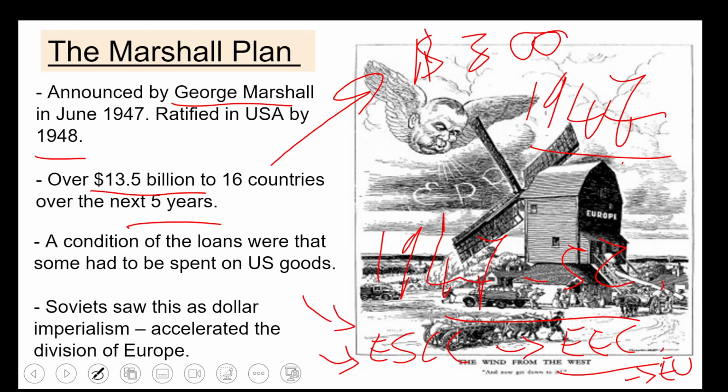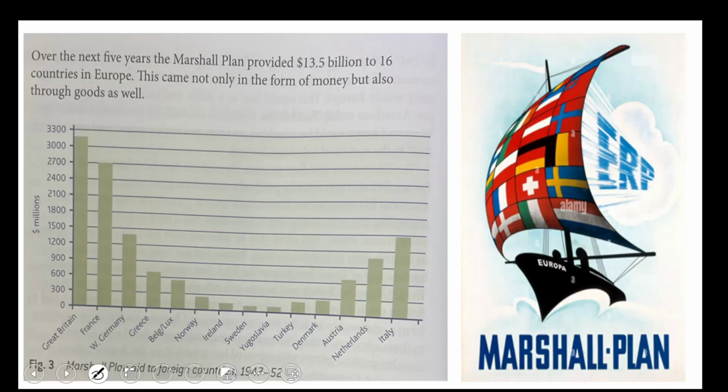So everything is connected here. And this wasn't just recovery, this was block construction, because Western Europe begins to integrate economically, but crucially around American leadership, which is really important. And obviously the Soviets see this as dollar imperialism accordingly.